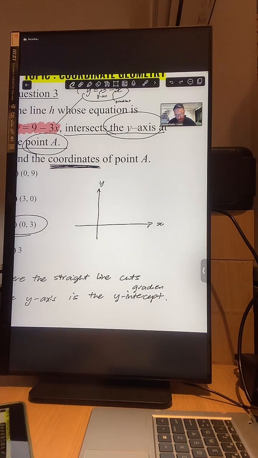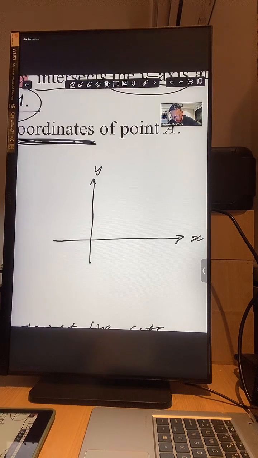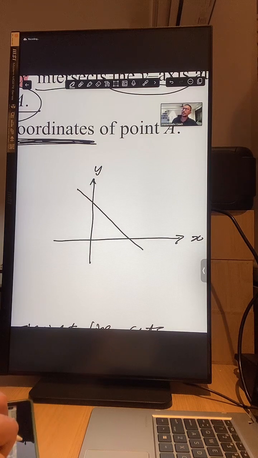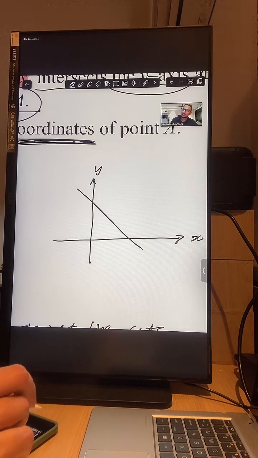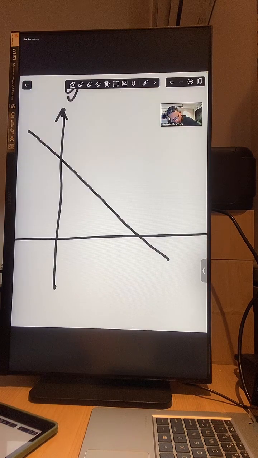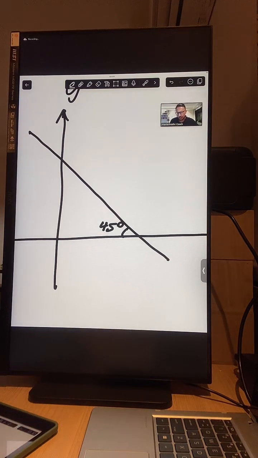Okay, so let me draw it here. It will be downward sloping like this, and this angle here will be 45 degrees. Why? Because m is equal to -1.